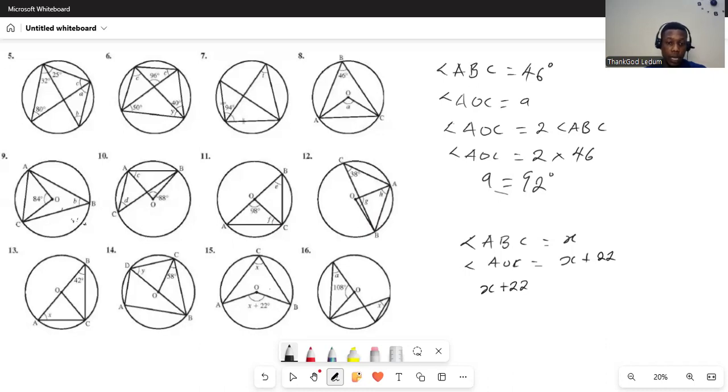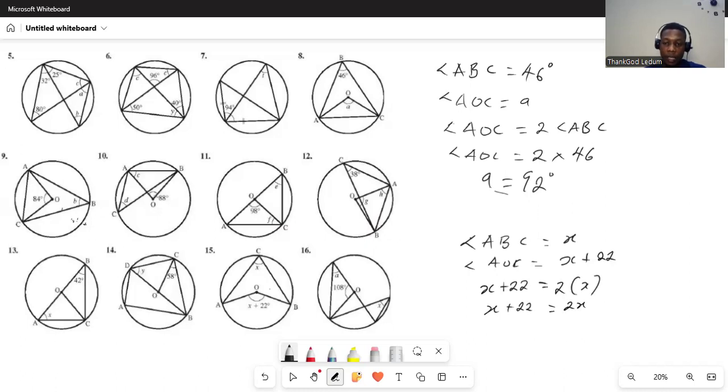Remember, what you're looking for here is the value of x. This will be equal to, remember, we said that the angle at the center is twice the angle at the circumference. That means we have to multiply the angle at the circumference by 2. This will be 2x. So we can now have x plus 22 equals 2x.